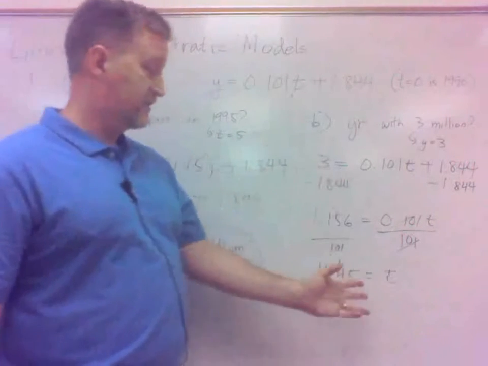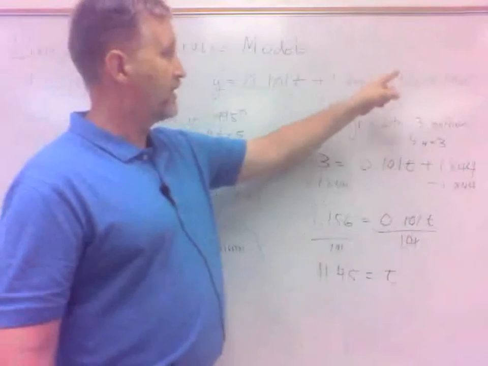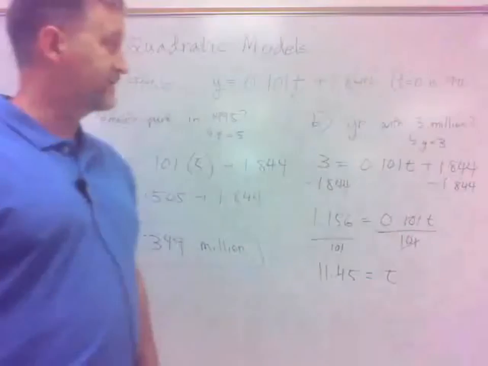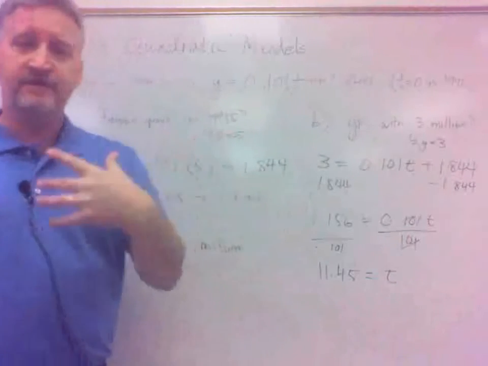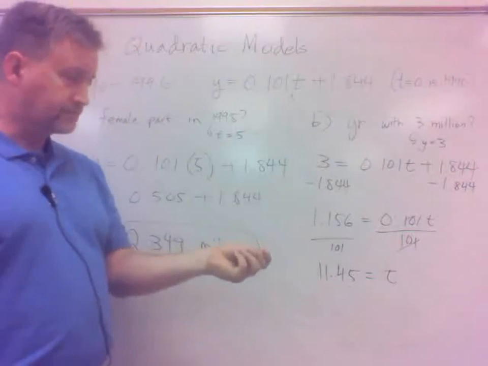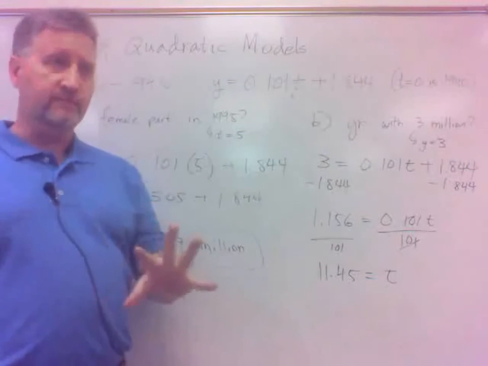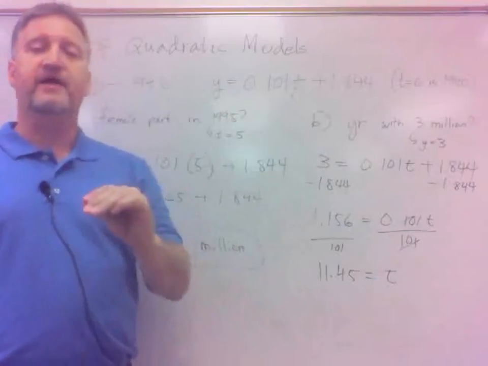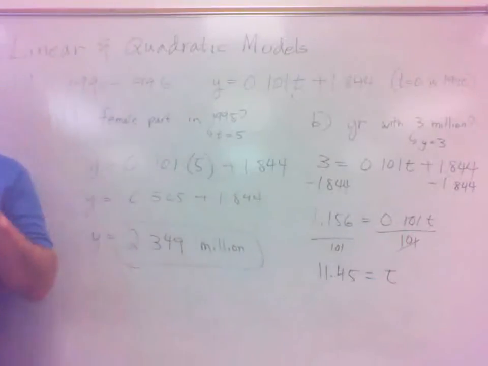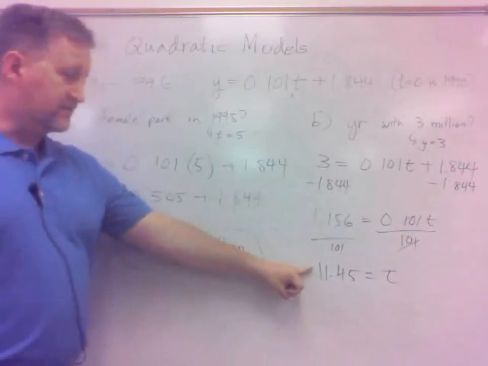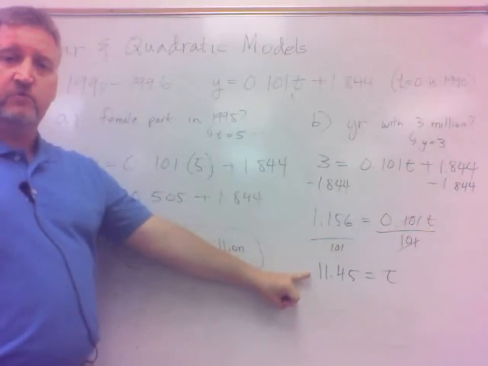Okay, now, to answer the question, what year is that? The t is 11.45 years, but what year is that? Since t equals 0 is 1990, it's 11 years plus a little more. Usually with 11.45 you'd just round it off to 11. But let's look at it this way. It's not quite 11 years, it's a little more than 11 years.